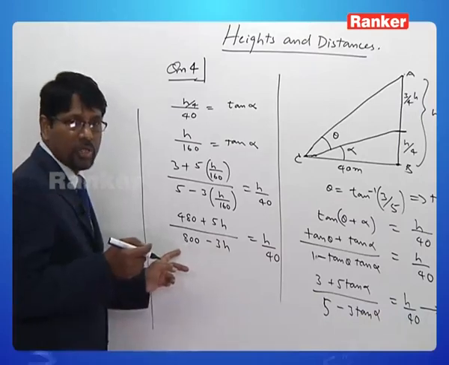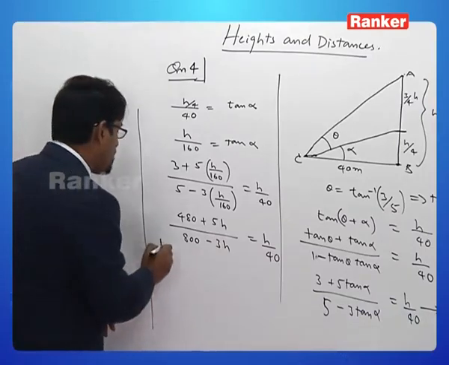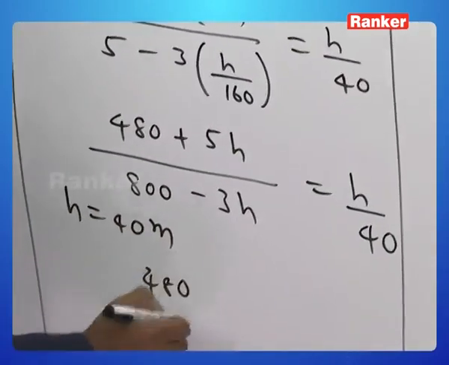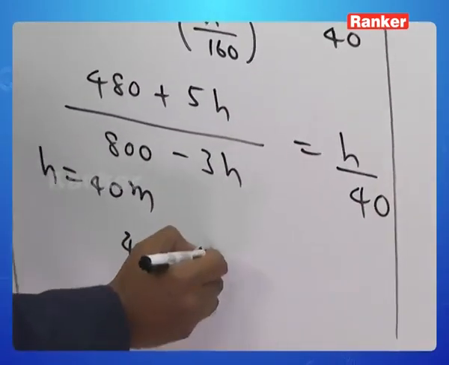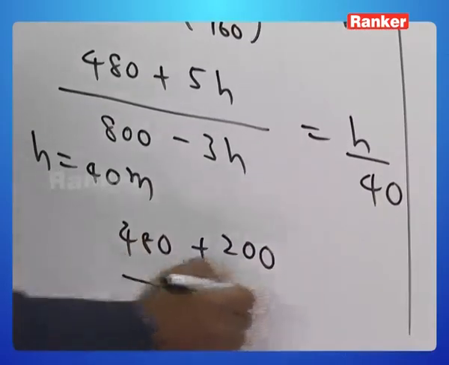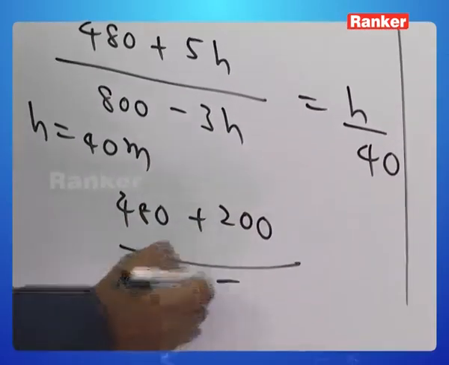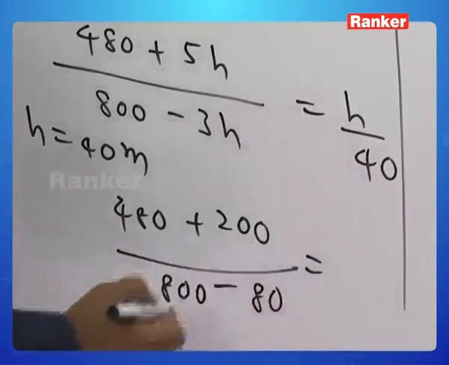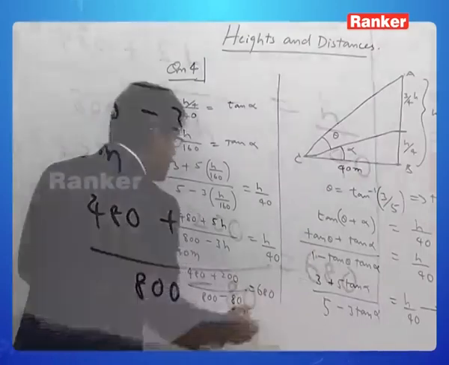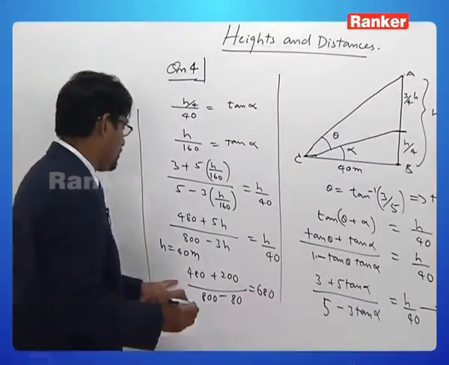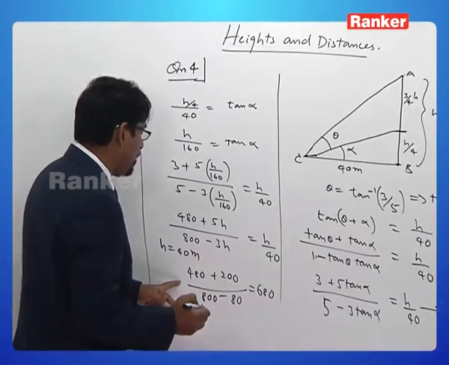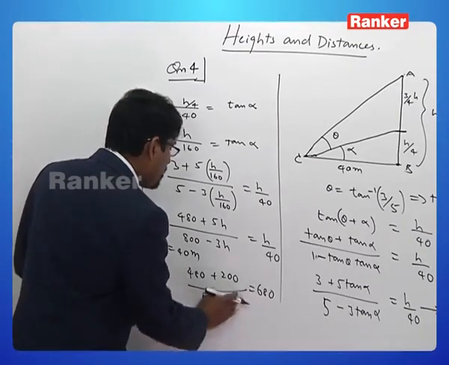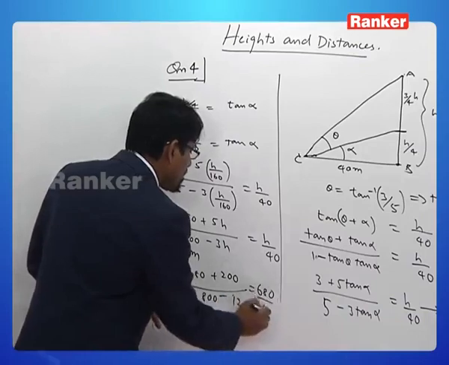So if I take h to be 40, if h is 40 now, what happens here? 480 plus 200 is 680, divided by 800 minus 120 is 680.